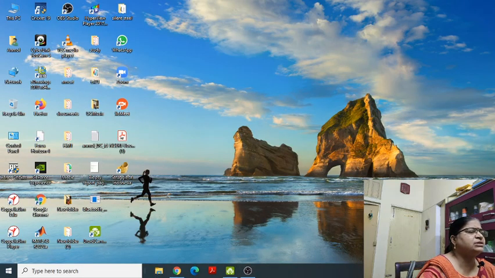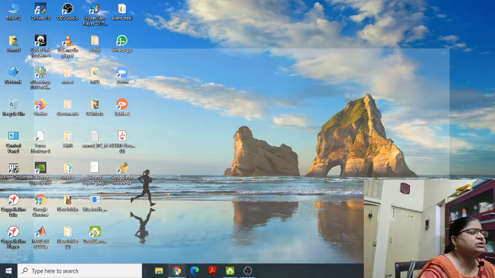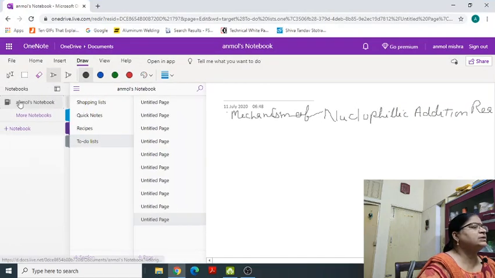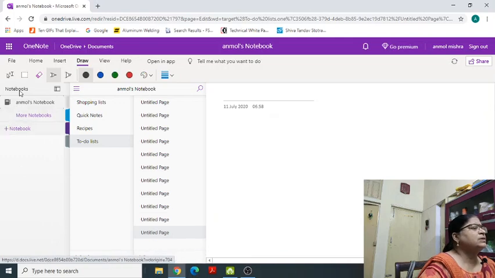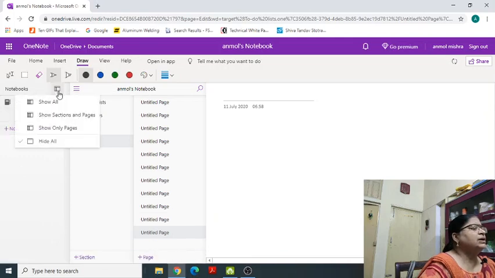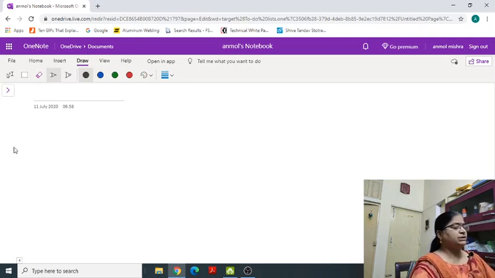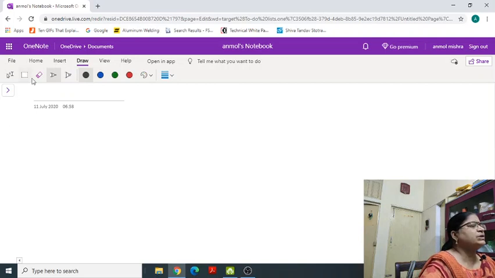In today's session, we will study the chemical reactions of aldehydes and ketones. Under it, first we will study the nucleophilic addition reaction.